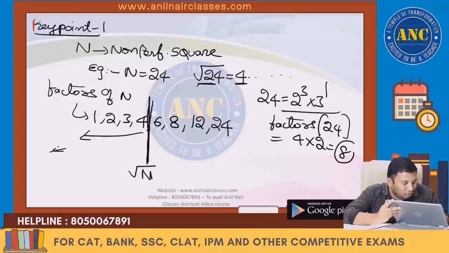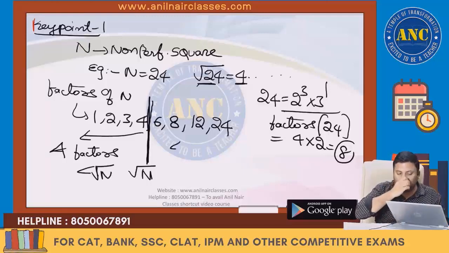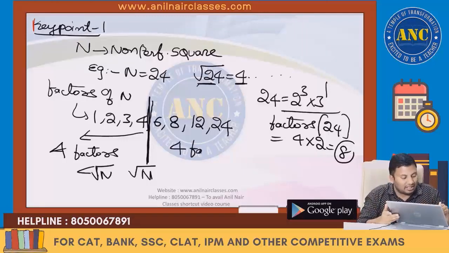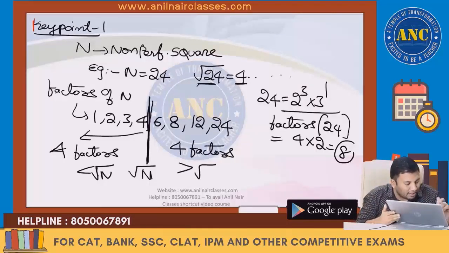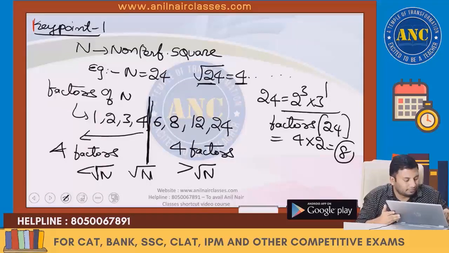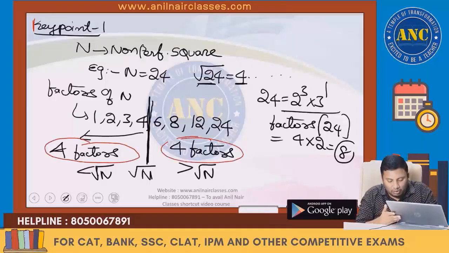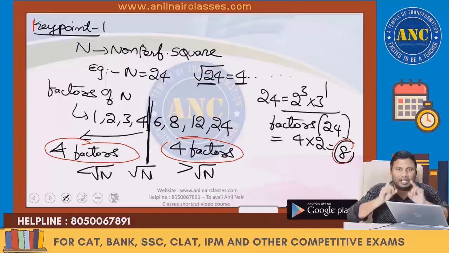If there are 4 factors less than root n, there are also 4 factors greater than root n. Totally how many factors are there? 8 factors. Here there are 4 factors and here there are 4 factors, and the total number of factors is 8.